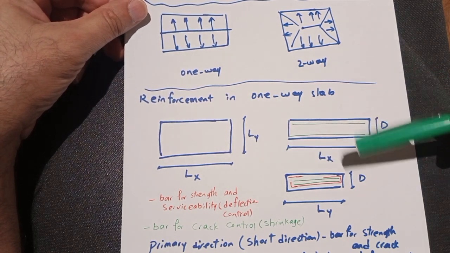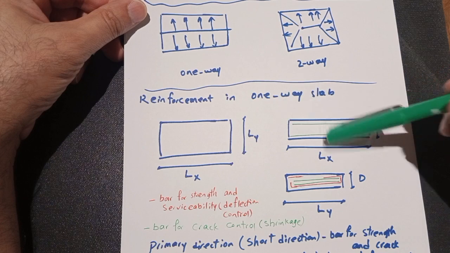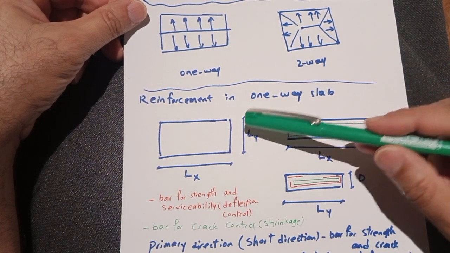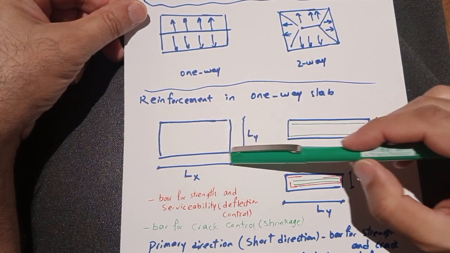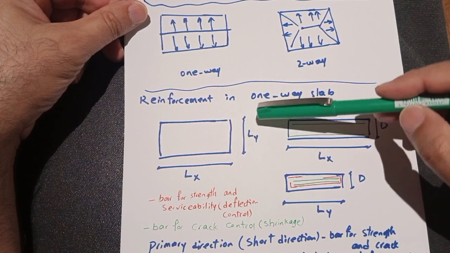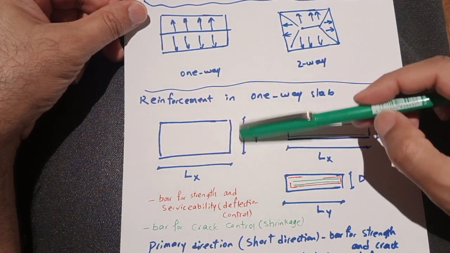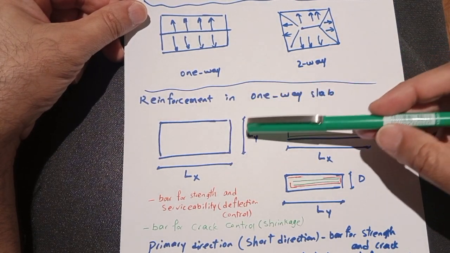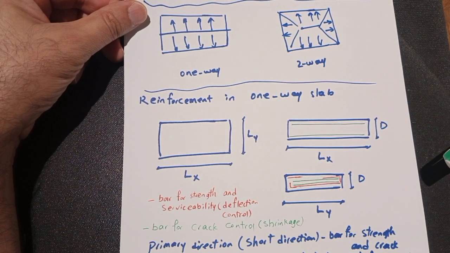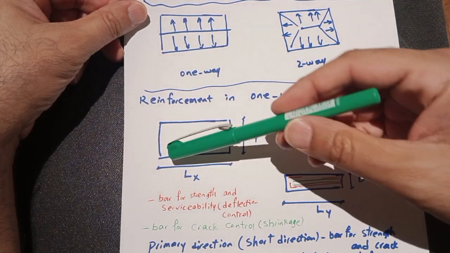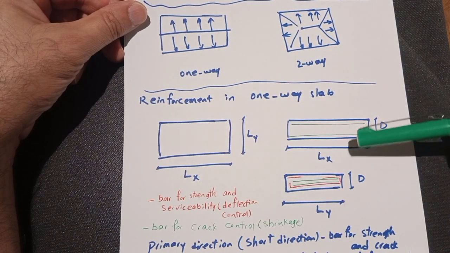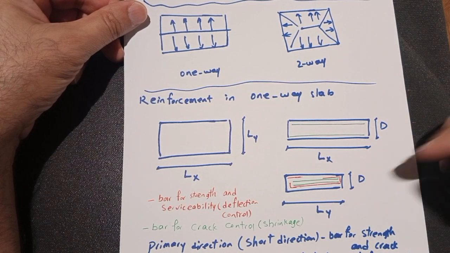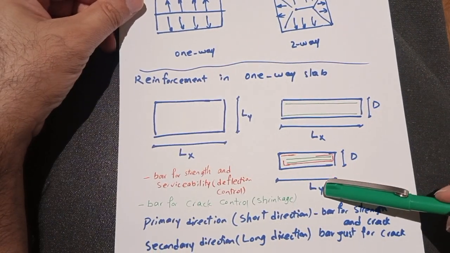And again, for one-way direction, if we control deflection in just the short side, between the long sides, it is enough. We don't need to check deflection in the long direction. If we just check deflection in the Ly direction, it is okay.